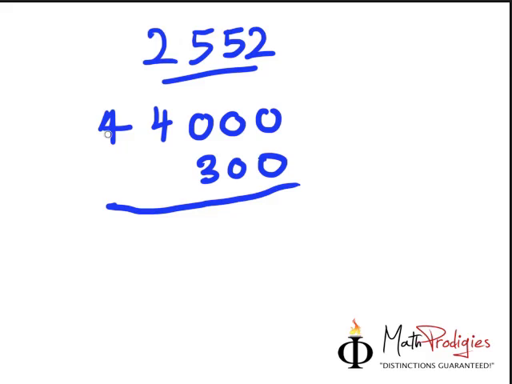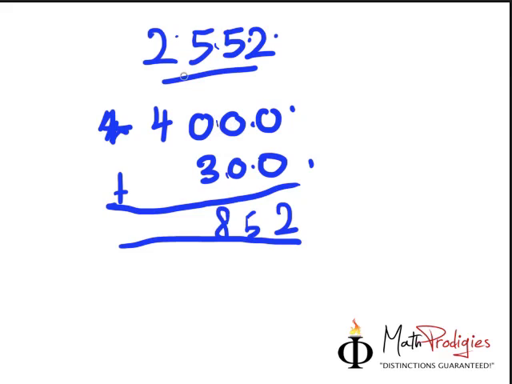Okay, sorry, this plus should be here. So what you will see is 2 plus 0 gives me 2. 5 plus 0 gives me 5. 5 plus 0 plus 3 gives me 8. 2 plus 4 gives me 6. So the answer is 6852. Very simple. If you got that one right, high five, because you are a math prodigy.